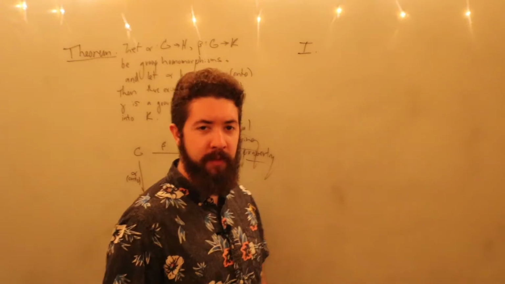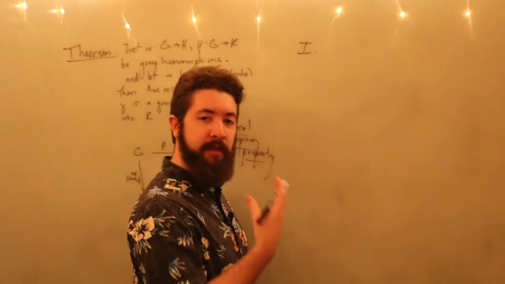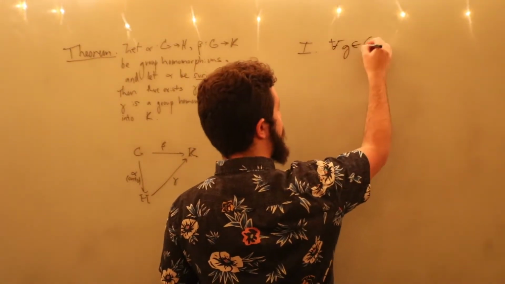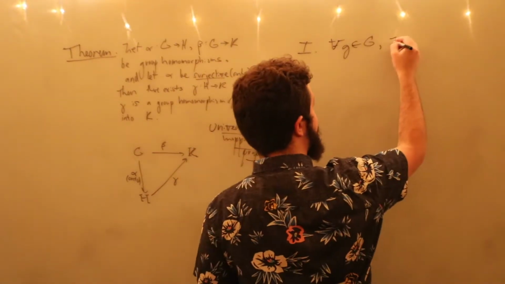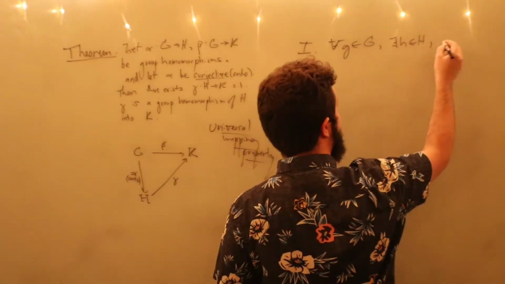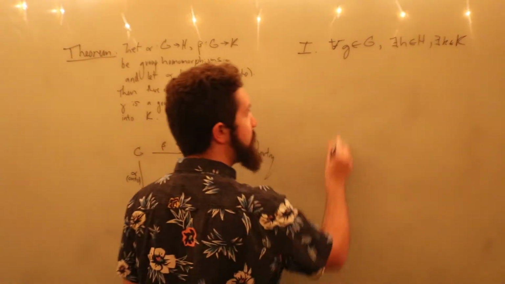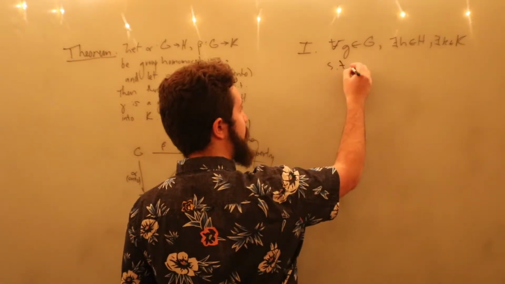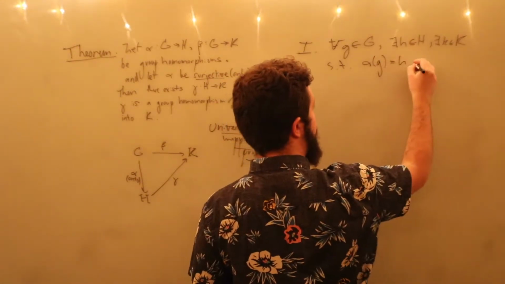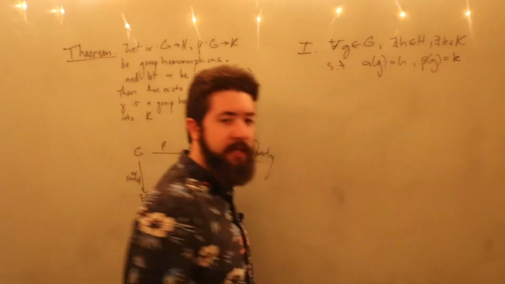Alright, part one. So we know that because alpha and beta are both group homomorphisms, they're both mappings. So for all elements g in the group G, we know that there exists h in the set H, group H if you like, and there exists an element k in the set K such that alpha of g is equal to h and beta of g is going to be equal to k.